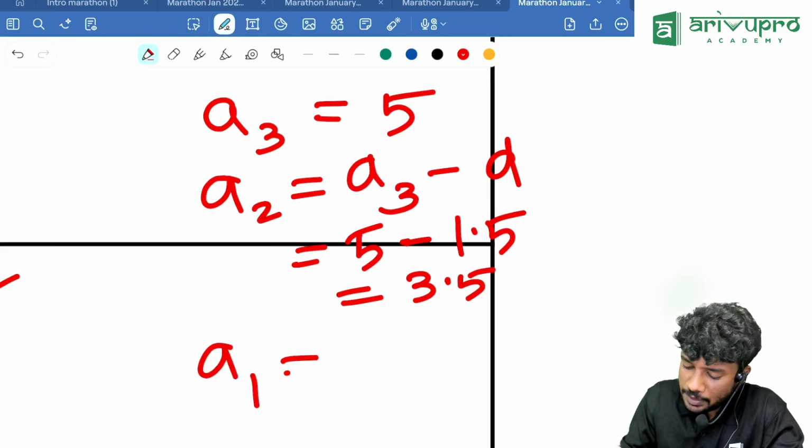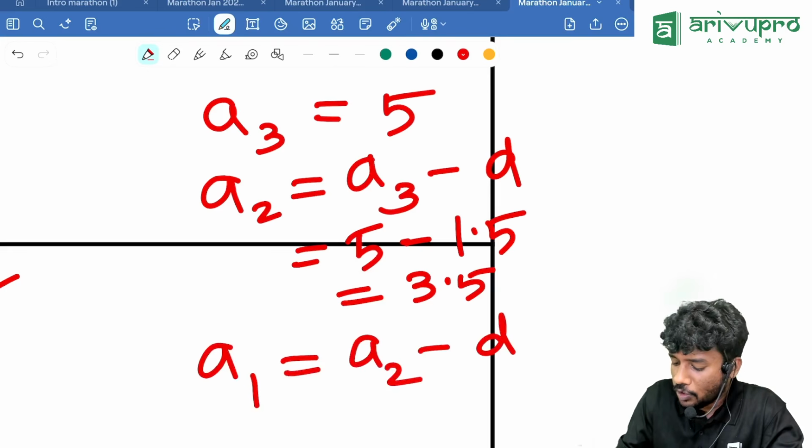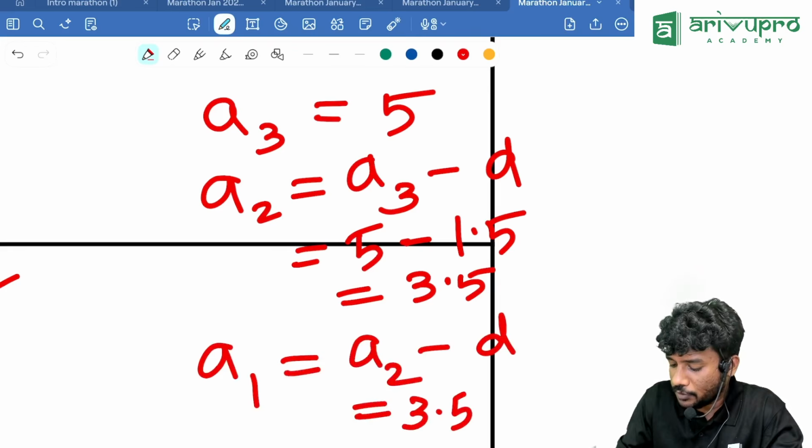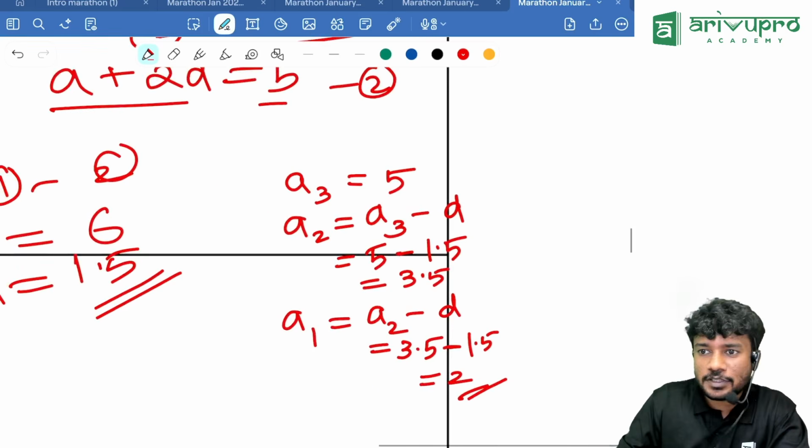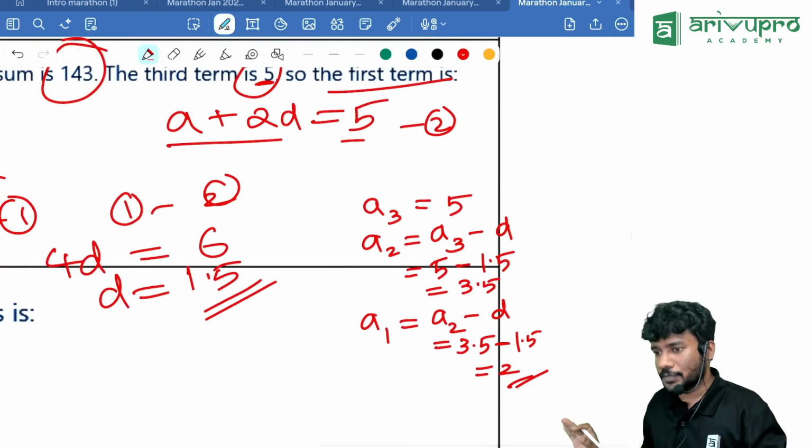Then a1 will be a2 minus the common difference, 3.5 minus 1.5, which is equal to 2. And my question: do you need to do these many steps? No, just use a calculator.